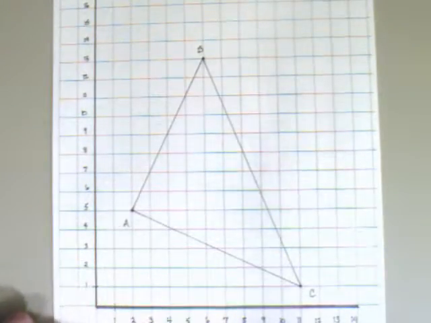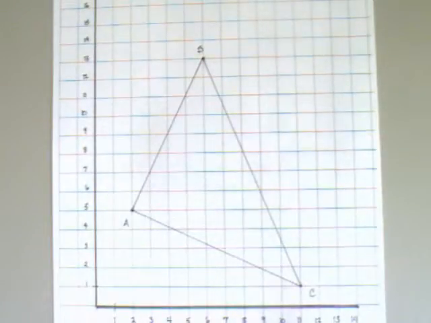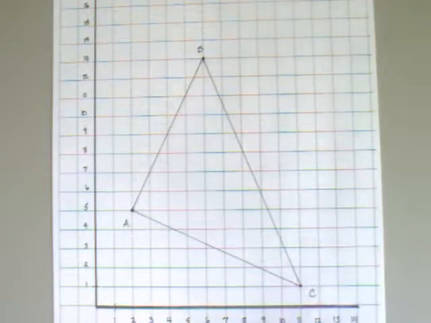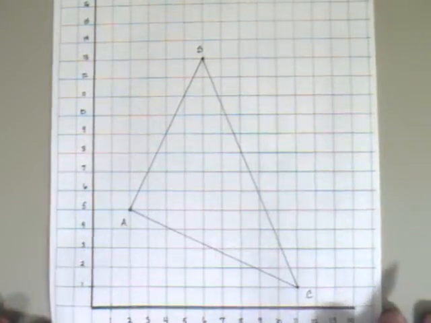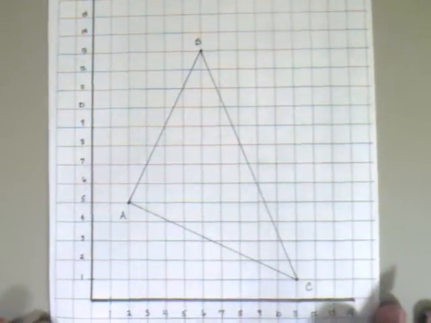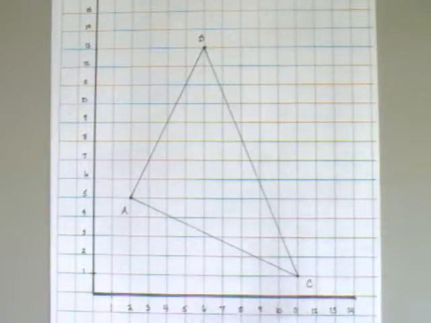So you should have a triangle with vertices 2, 5, 6, 13, and 11, 1. Take a moment and fill those in if you haven't already.